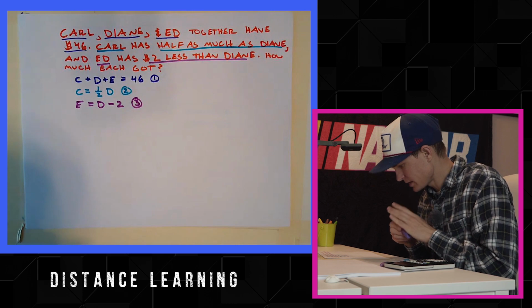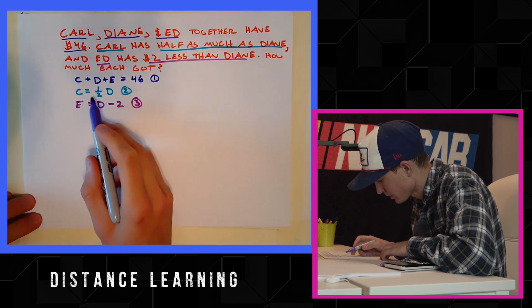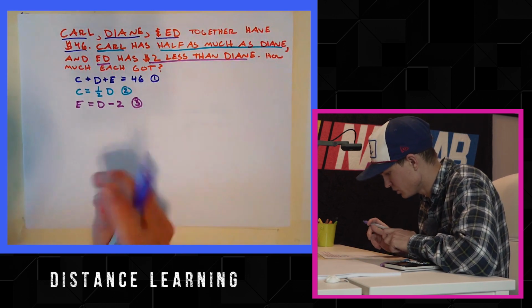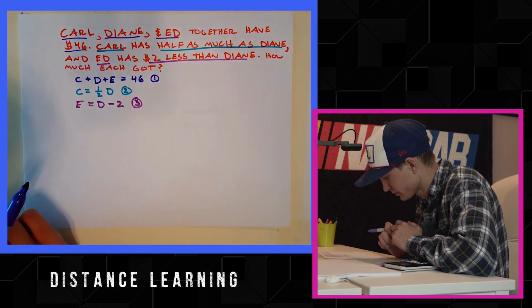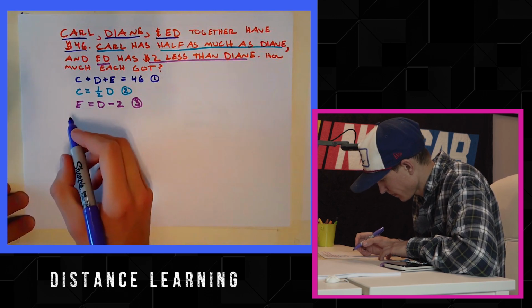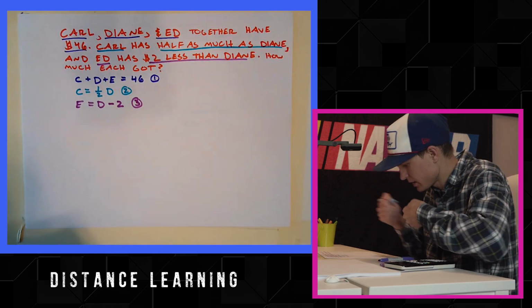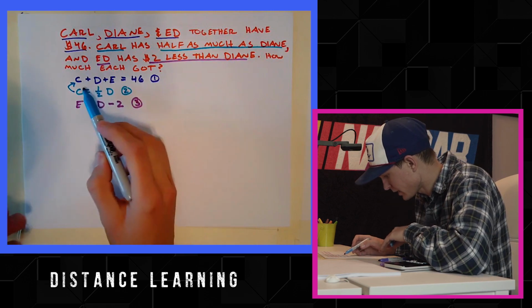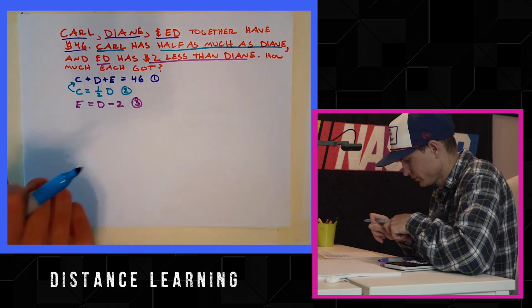We got E and D, C and D, and C, D, and E. I have E and D here. If I plugged this into that, I would only have D and E. That is what we want.